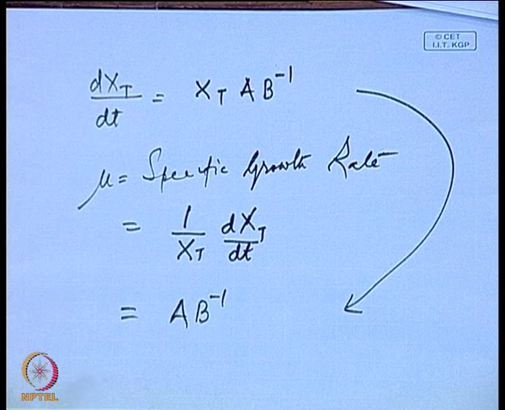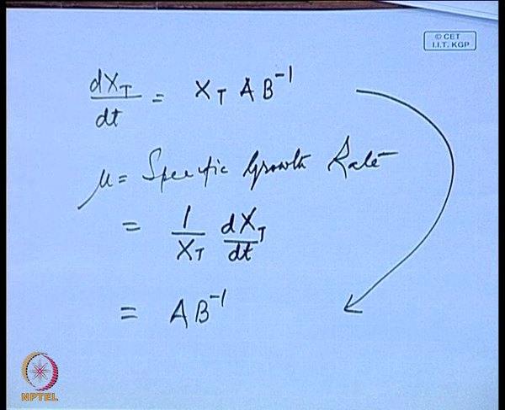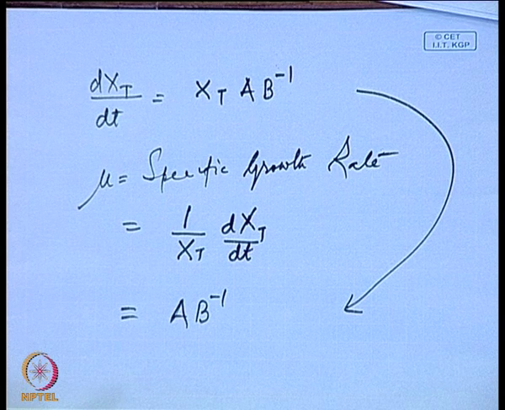Now, the specific growth rate for the Monod model, if you remember, was mu max S over K s plus S. That was the Monod growth model, mu.